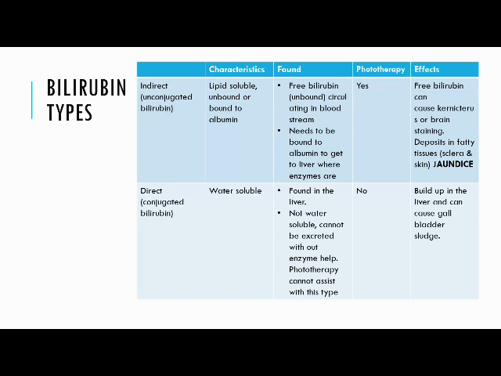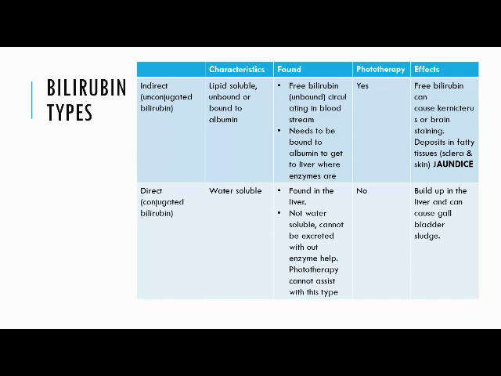Free bilirubin circulates in the bloodstream and can cross the blood-brain barrier. And then bound bilirubin to albumin is how it gets to the liver, where the enzymes conjugate it so the body can get rid of it. Phototherapy does help in getting rid of this unconjugated hyperbilirubin or unconjugated bilirubin.